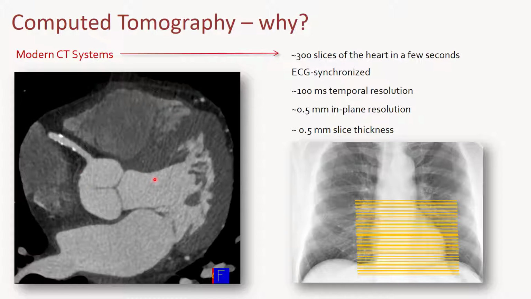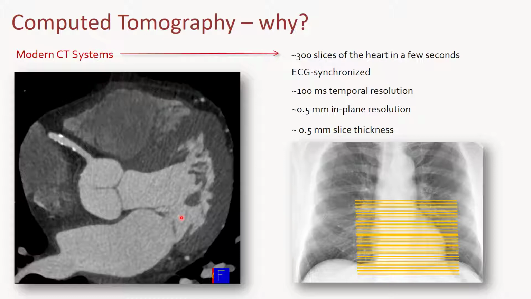And in addition, the in-plane resolution is very high, approximately 0.5 millimeters, so you get in the axial slices very, very sharp and clear visualization of cardiac anatomy, coronary artery, aortic valve, mitral valve, just as an example.